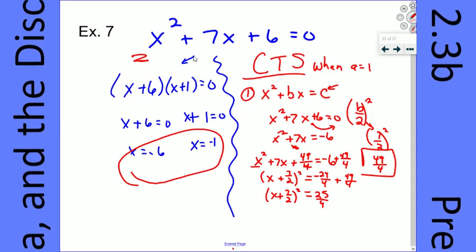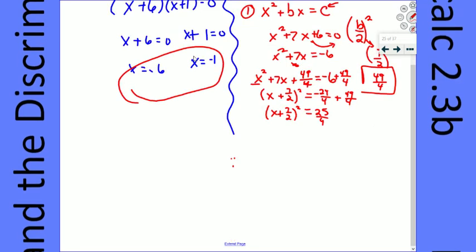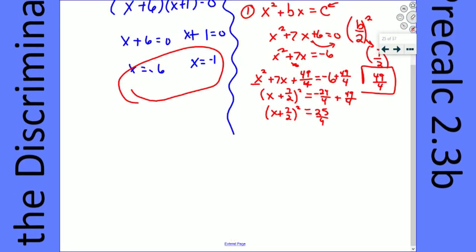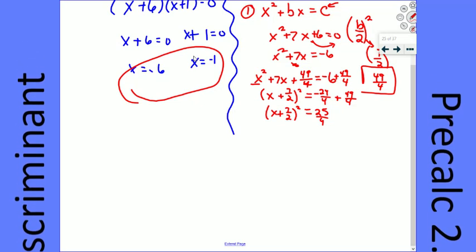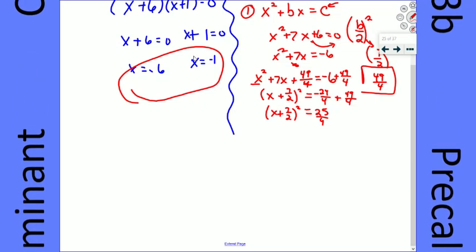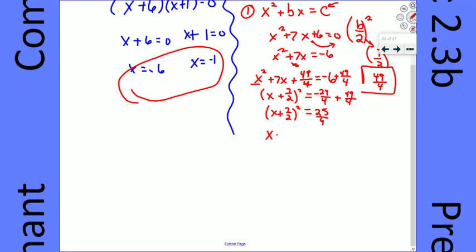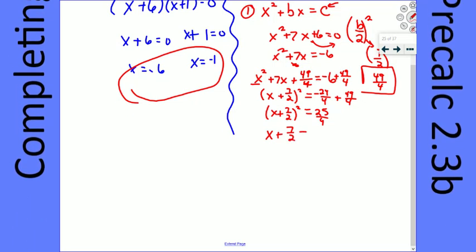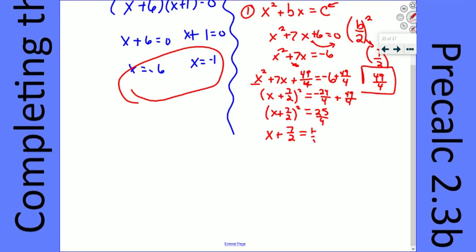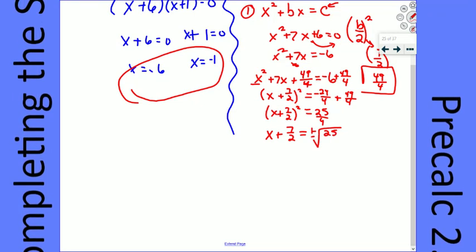Okay, going to extend the page a little bit. There we go. So here we are with this squared term equaling some number. To undo this square, we square root both sides. x plus 7 over 2 equals plus or minus the square root of 25 over 4.